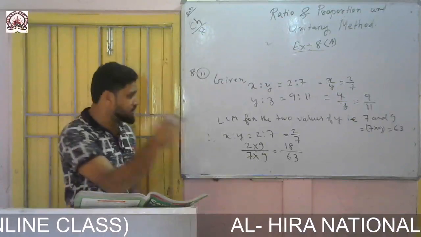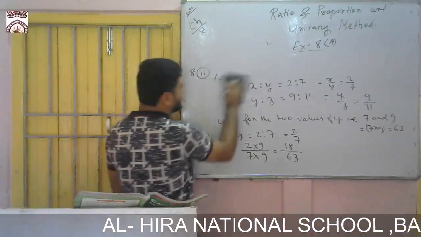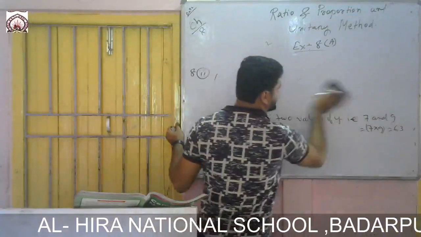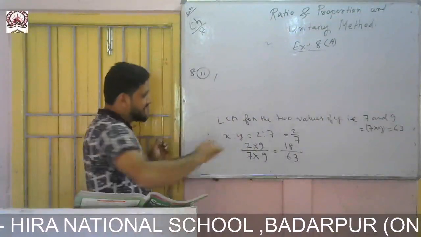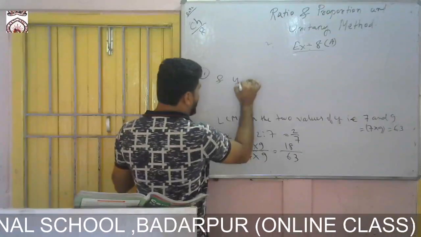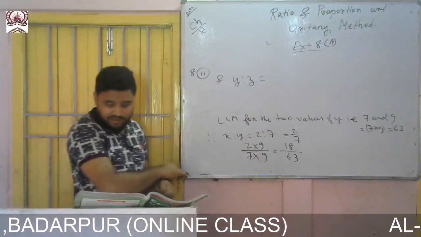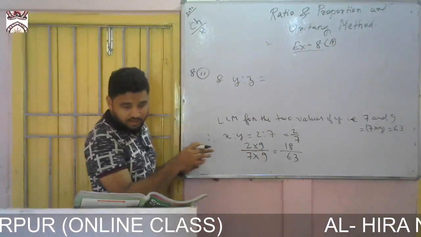Again, in the case of y is to z we also need to find. And y is to z is 9 is to 11.